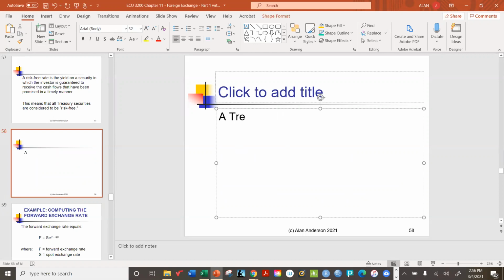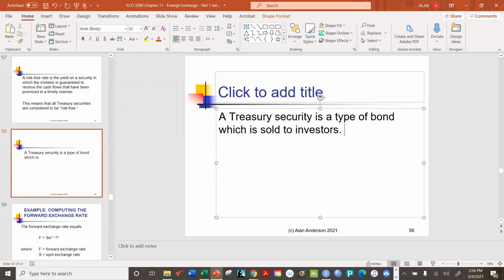A treasury security is a type of bond which is sold to investors in exchange for the investor's money.